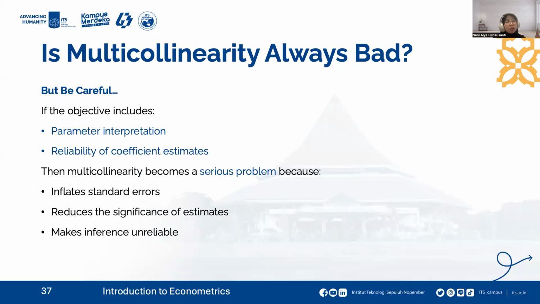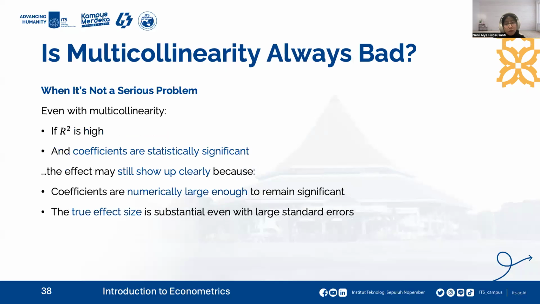Then multicollinearity becomes a serious problem because it will inflate the standard error, reduce the significance of estimates, and make inference unreliable. It is not a serious problem when the R square is high and coefficients are statistically significant, because the effect still shows up clearly, as the coefficients are numerically large enough to remain significant. So the true effect size is substantial even with the large standard error.